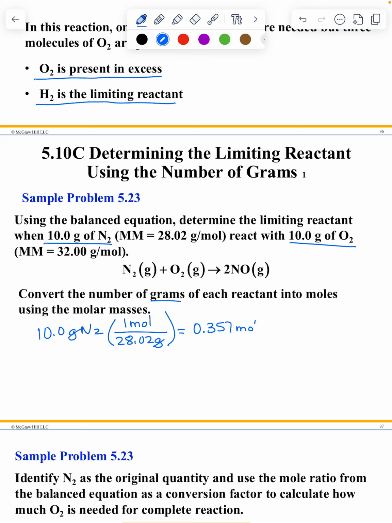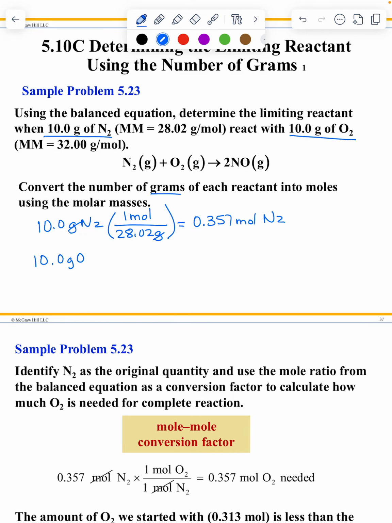All right, so now that we've changed both of our substances to moles, we can start by using nitrogen, and we're going to use the moles that we have. And so we started our equation here with 0.357 moles. We use our balanced equation to get our mole to mole ratio, and that is simply 1 to 1.